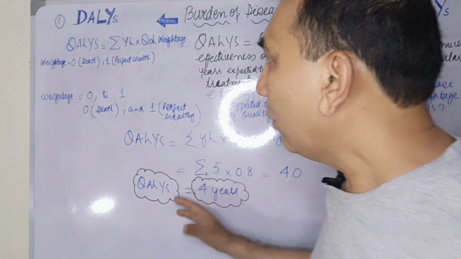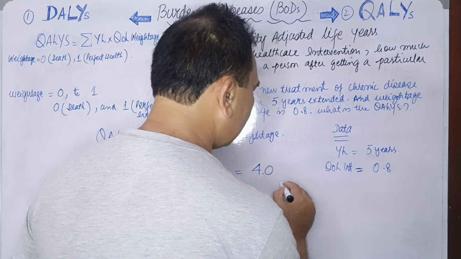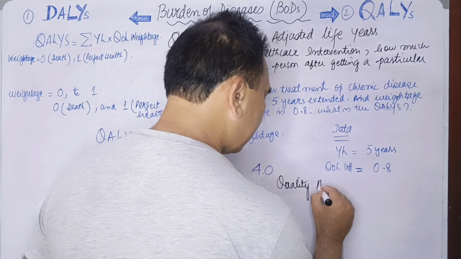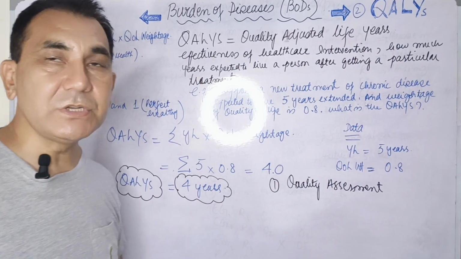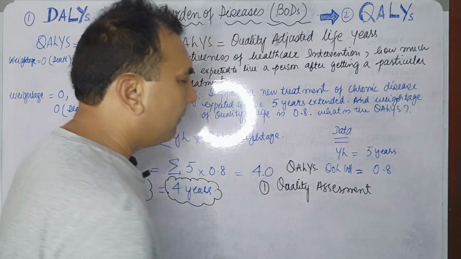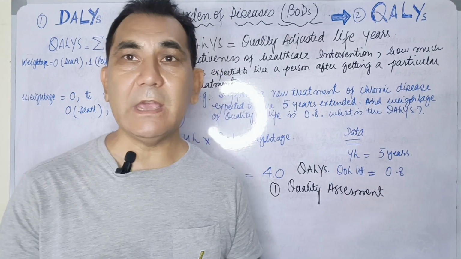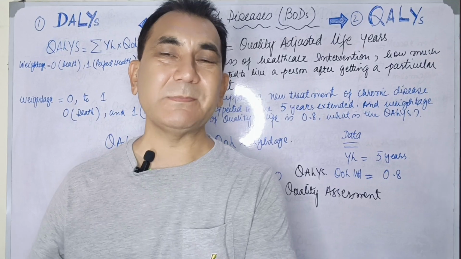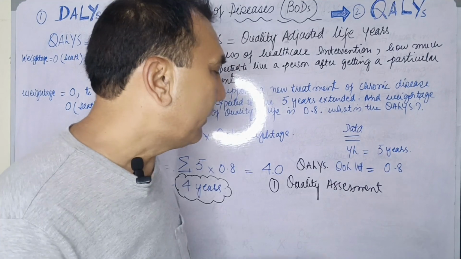Now, where are the QALYs used? The QALYs are mostly used for quality assessment. It is used to assess the quality of life after getting any new treatment, how much expected quality of life a person or the population will live in a particular time period.